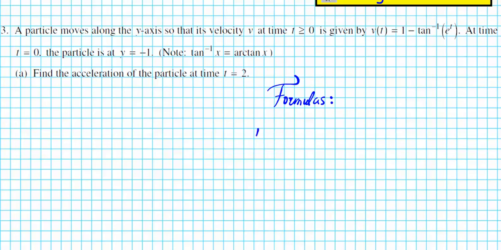Now, this is a formula that you might be accustomed to. You have position, velocity, and acceleration. If you are going from position to velocity, you take the first derivative with respect to time. And then from velocity to acceleration, you take another derivative with respect to time.